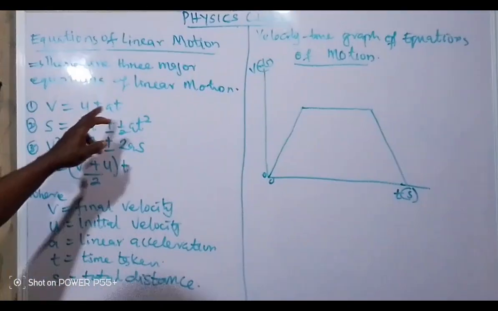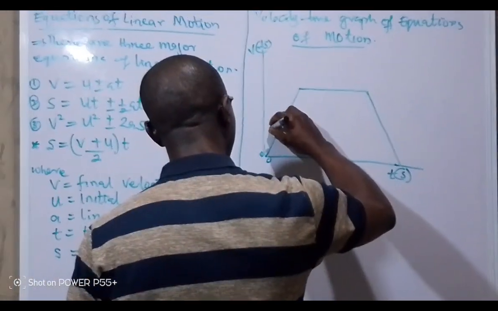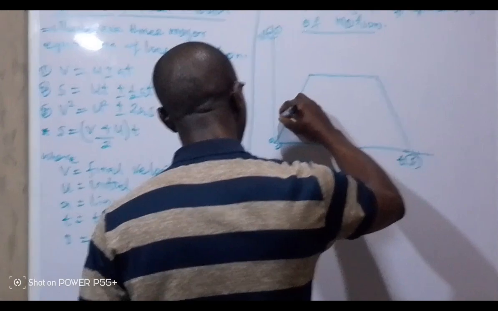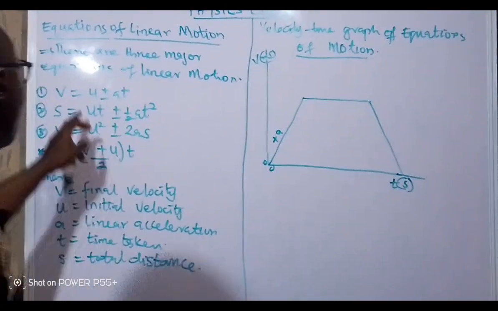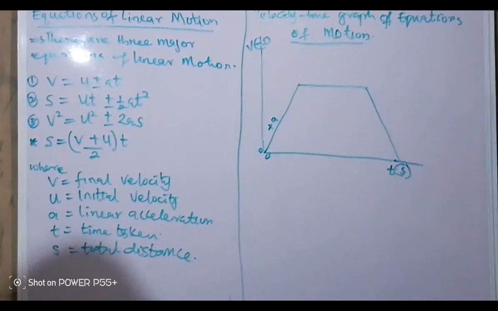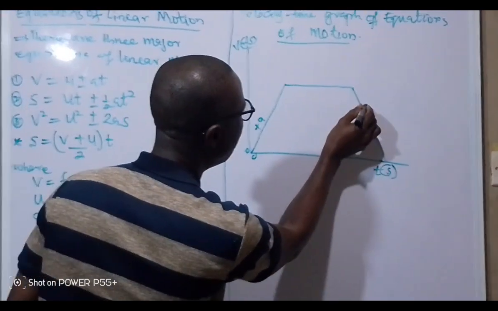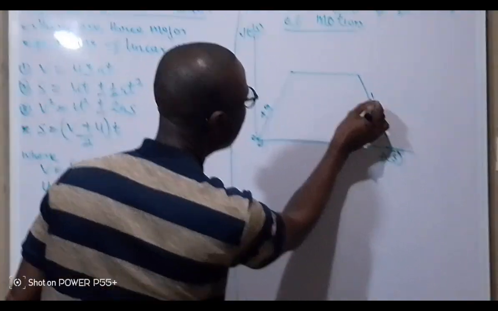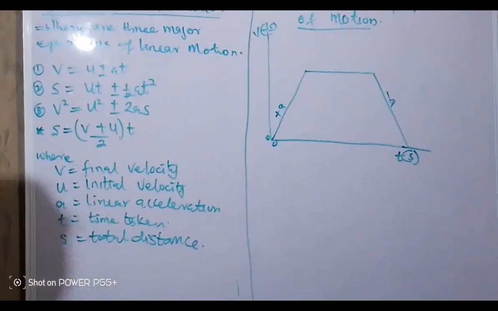But in the case of plus or minus, at this particular area where we have positive A, our equation will be V is equal to U plus AT. And at this particular area where we have negative A, our equation will be V is equal to U minus AT.